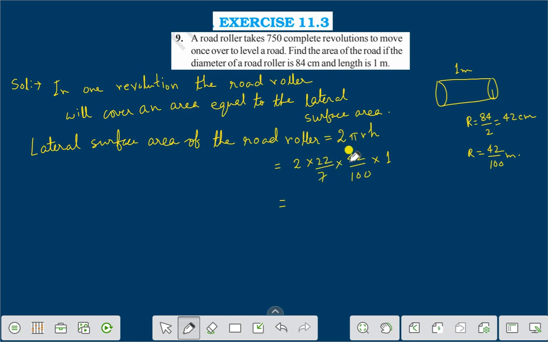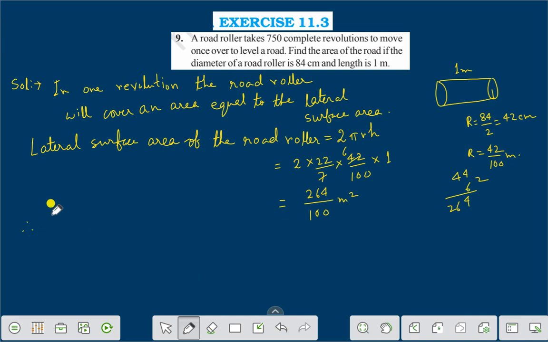If you multiply this number, 2 into 22 is 44, 44 multiply with 6 is 264, that is 264 by 100 meter square. That means in one revolution the road roller will cover an area equal to 264 by 100 meter square.